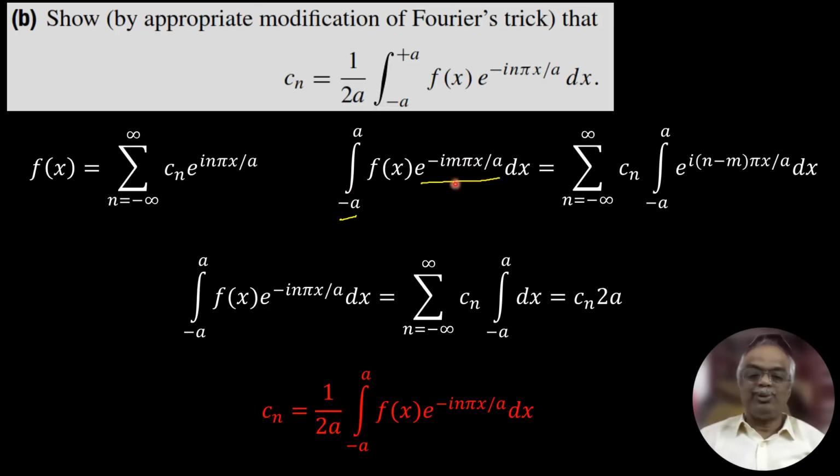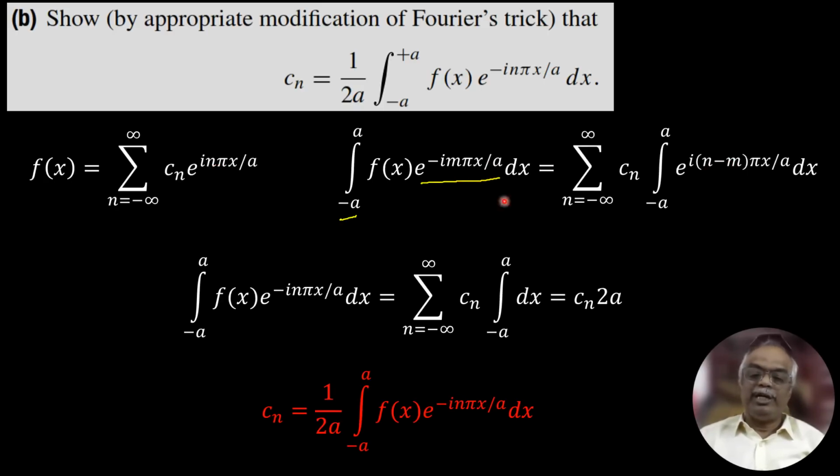You have to do the same thing on the right hand side also. If you integrate the right hand side also over minus a to plus a e power minus i m pi x over a dx, here you have plus n, here you have minus m.